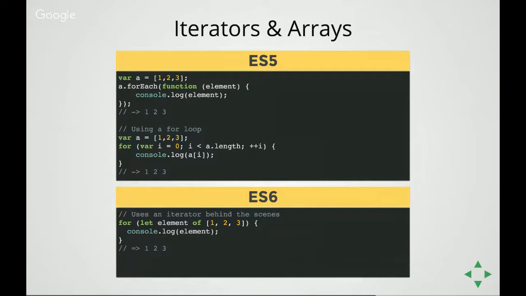So for each element in the array, log the element, that element is the value, right? If we had done for in, for element in array, we would have gotten the index and had to access it like we did in the for loop up here in ES5. For of allows us to use an under-the-hood iterator to get the values progressively of a collection.